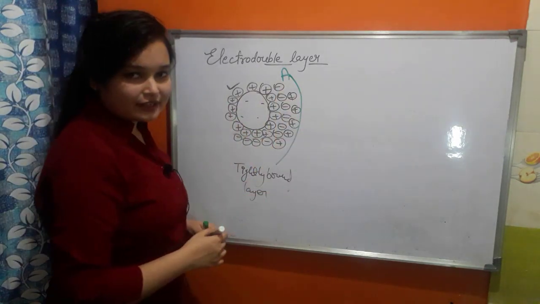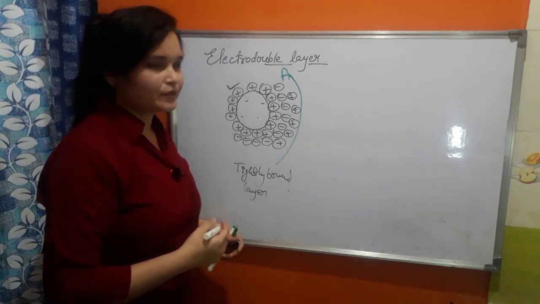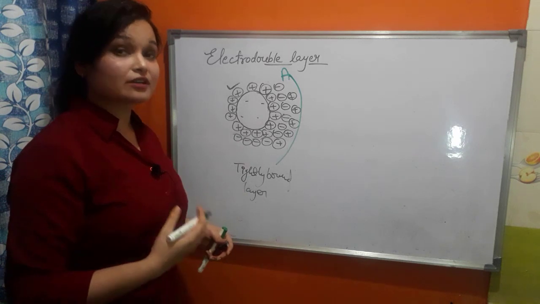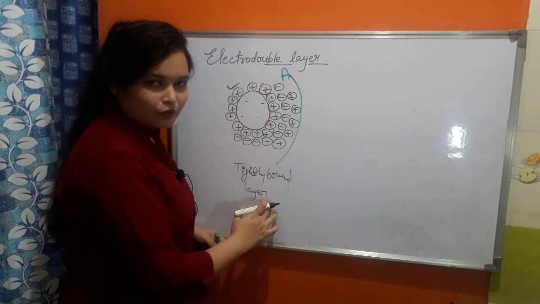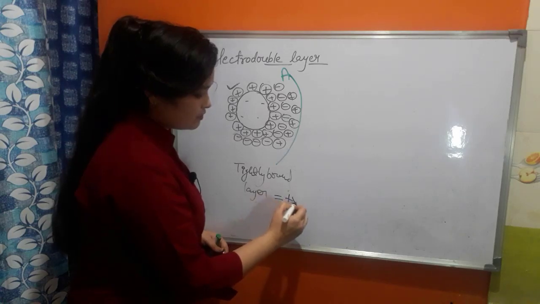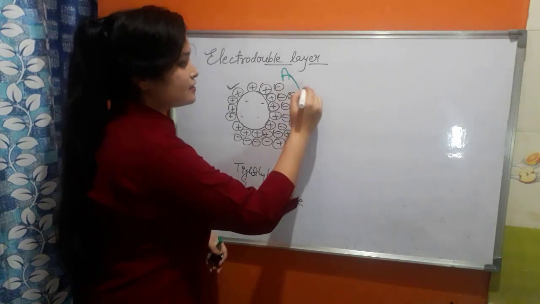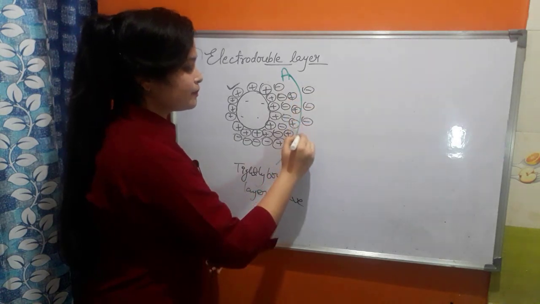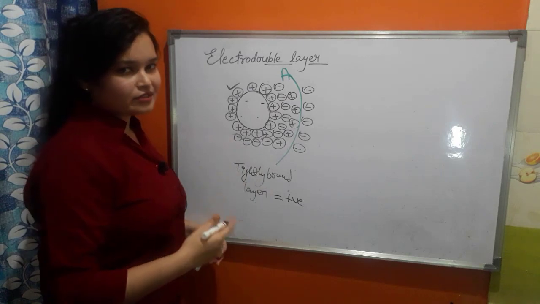This A layer can also be known as shear plane. I'll tell you why it is known as shear plane. Now you see this net charge on this tightly bound layer is positive. What will happen now? Of course, it will be attracting some negative ions towards it. After these negative ions come, again the same process will be there.